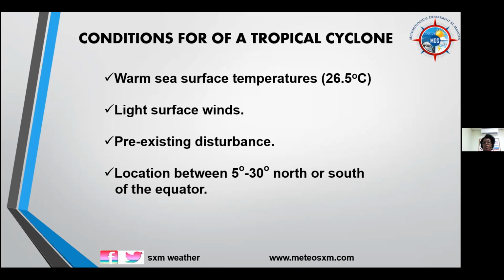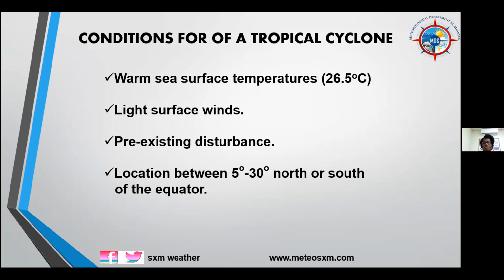Some kind of cloud formation has to be in the area to increase the possibility of development. And again, the location: between 5 degrees and 30 degrees north or south of the equator. So when these conditions come together, they enhance the development of a tropical storm.